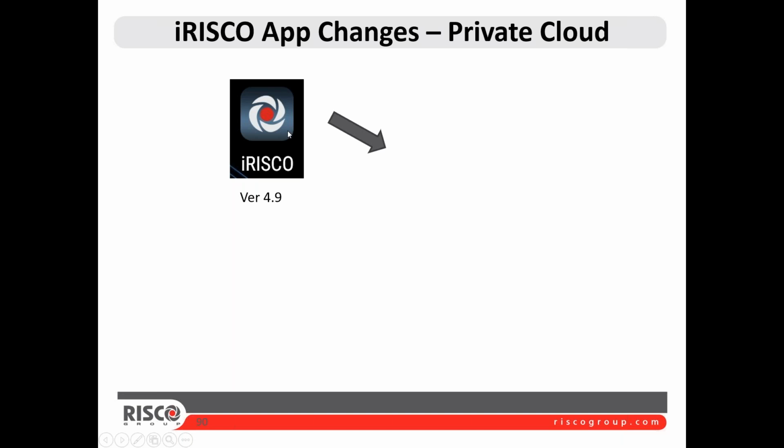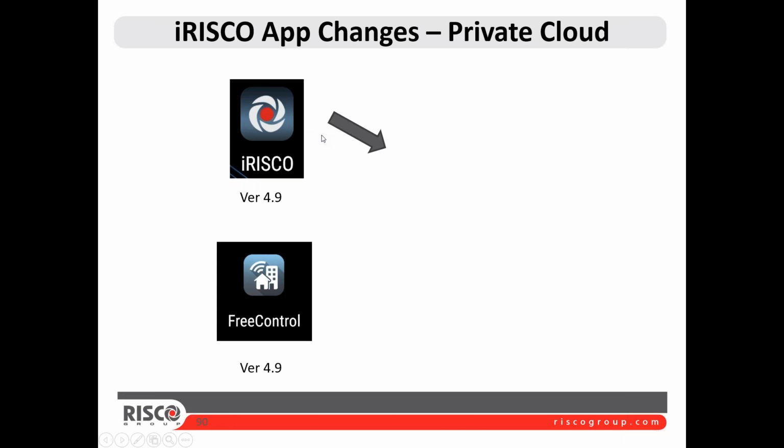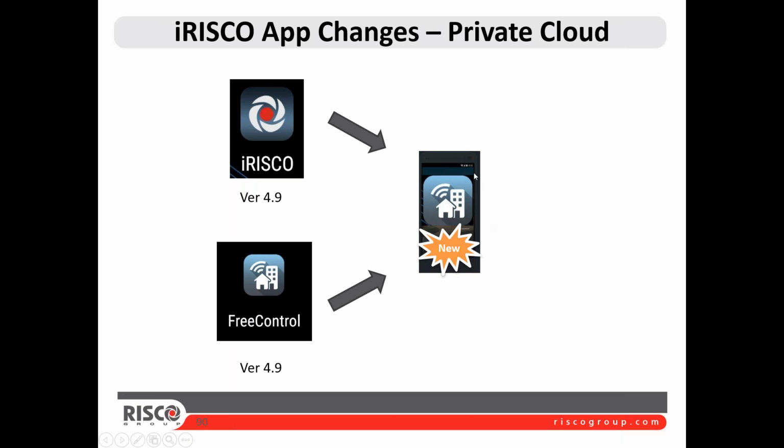Now, in terms of the private cloud, if your customers are using the iRisco app on the private cloud, they will be requested to downgrade their app to a new free control version 4 app.